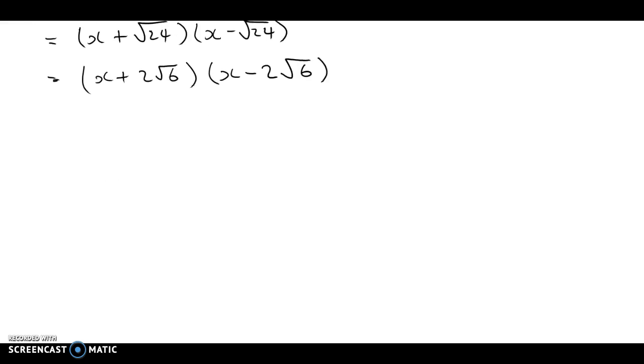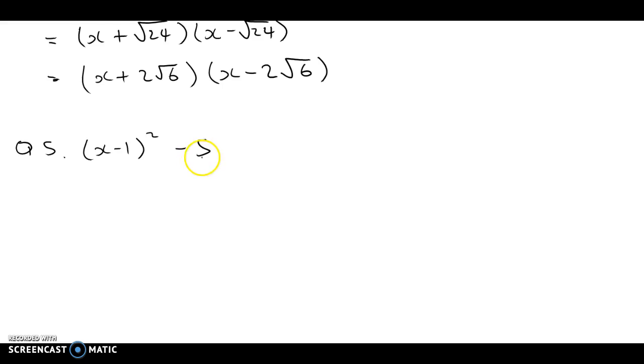Let's have a look at another one. Question 5. Factorise x minus 1 squared minus 5. Now, this one again involves another step.